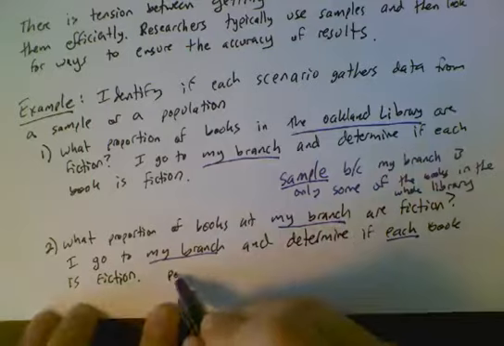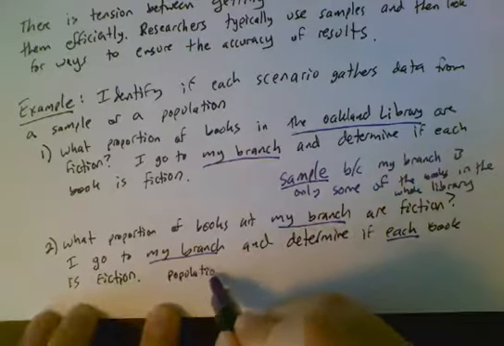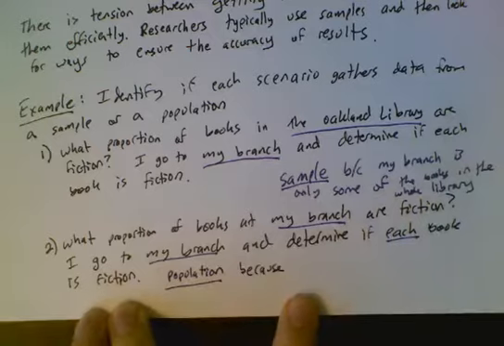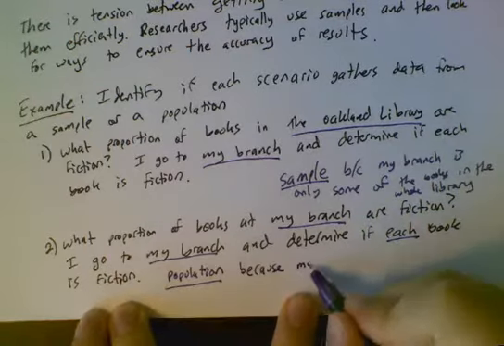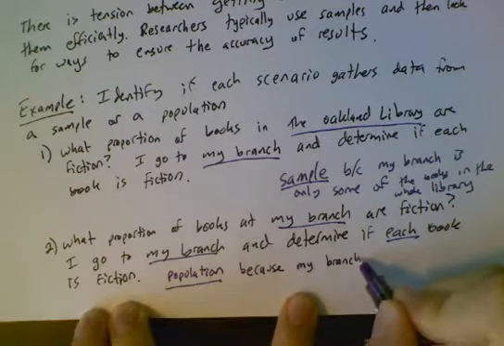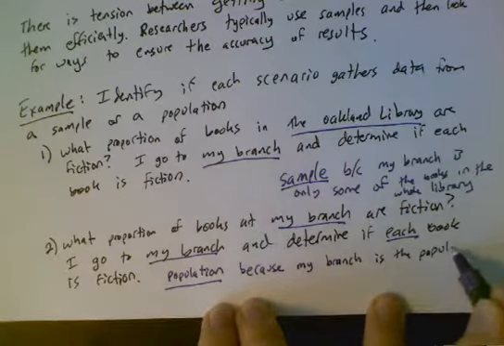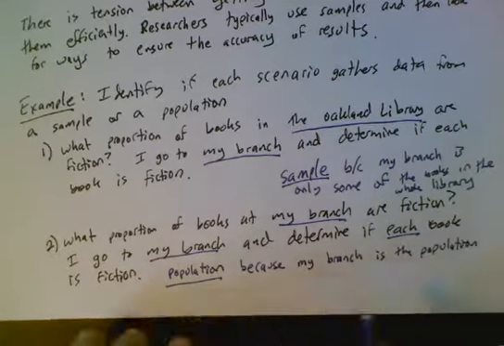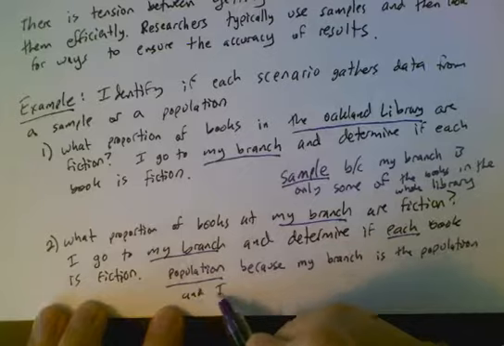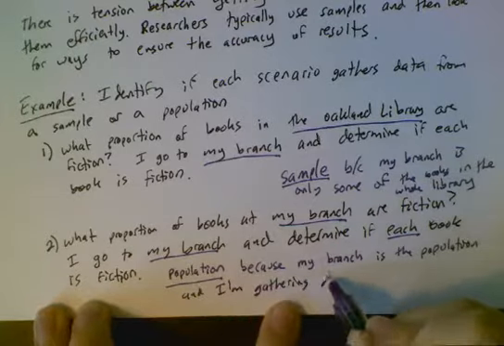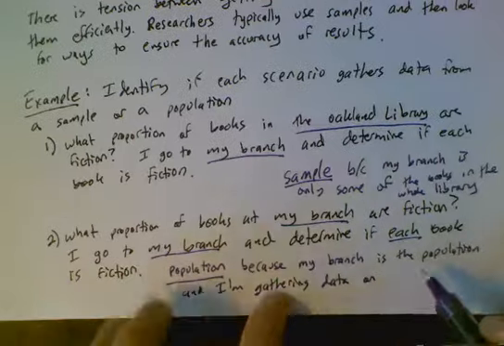So in this case, I'm collecting population data, because my branch is the population, and I'm gathering data on each book.